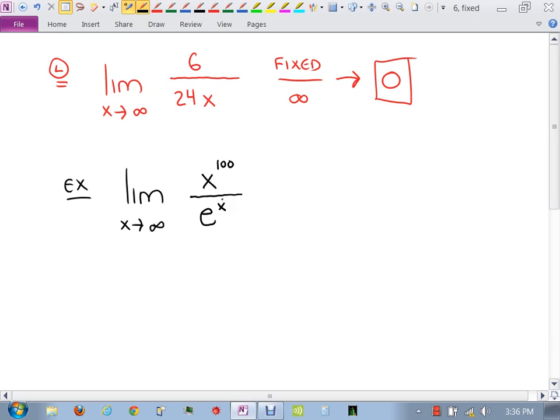So where does the numerator go? What's infinity to the 100th power? Infinity, right? What's e to the x? So e to the infinity.